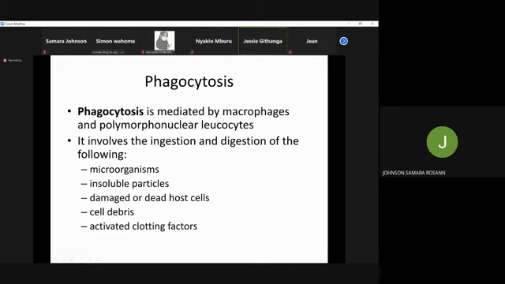Okay, so phagocytosis is mediated by macrophages and the polymorphonuclear leukocytes. And through this, there is ingestion and destruction of any microorganisms and any insoluble particles. I gave you that example of somebody doing an operation and some powder from the gloves landing at the operation site.